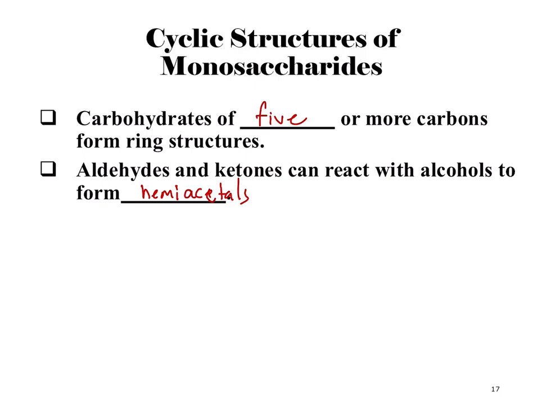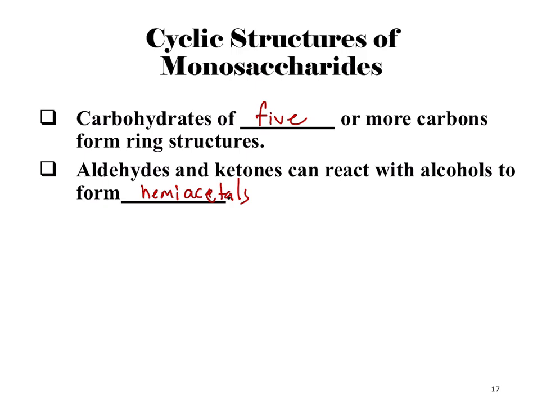And this gives a ring structure for saccharides, because you have one alcohol side of the molecule reacting with a ketone or aldehyde side on the other side of the molecule.